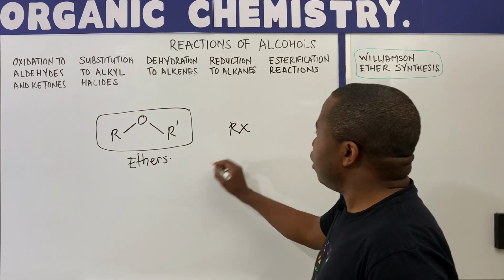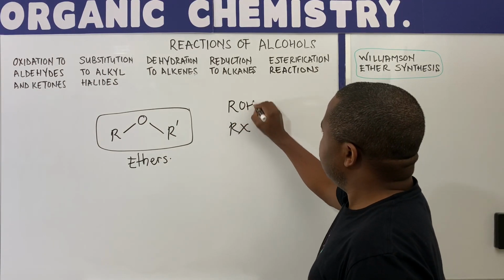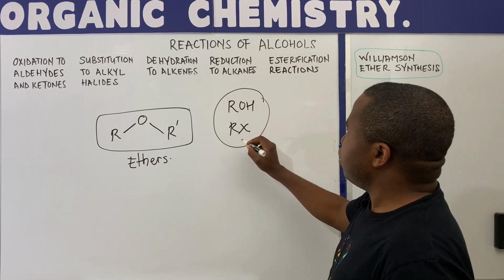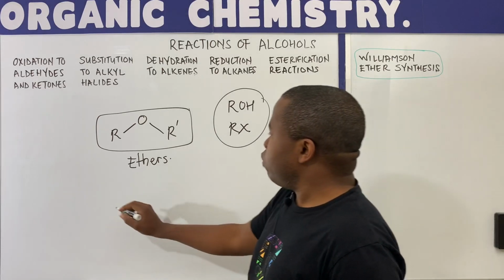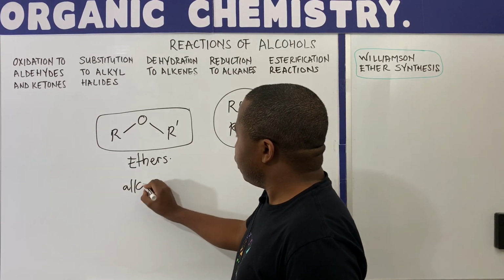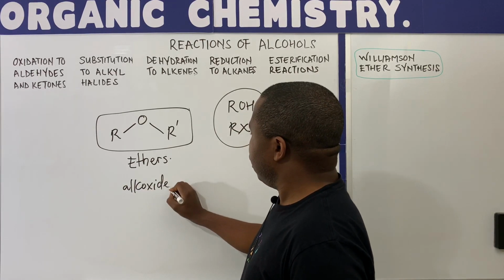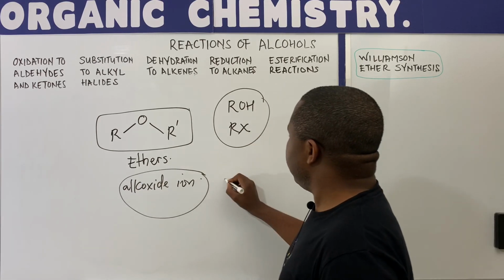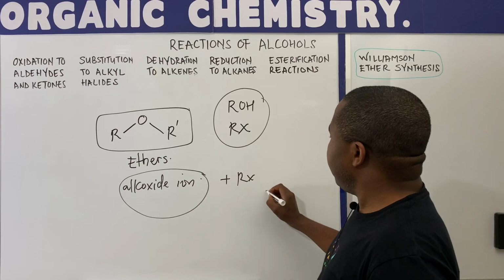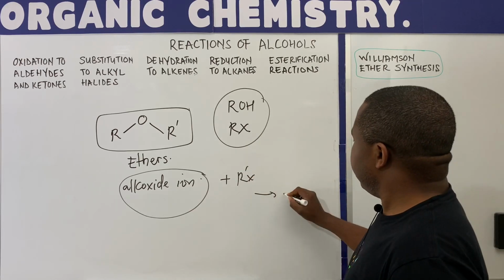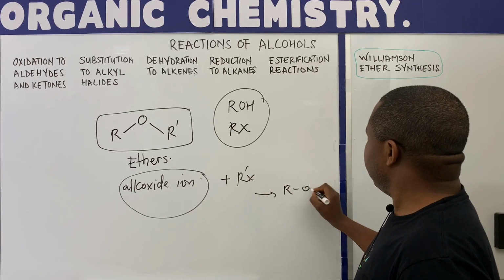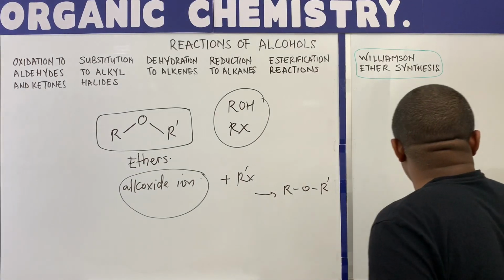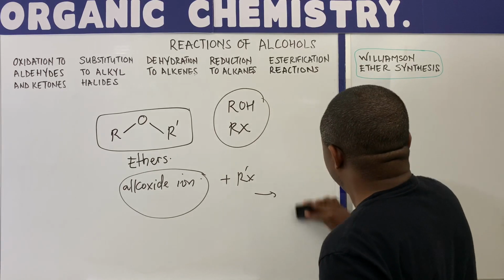The reaction is in two steps. We first form what we call alkoxide ion. The alkoxide ion is then going to react with the alkyl halide to form ethers.